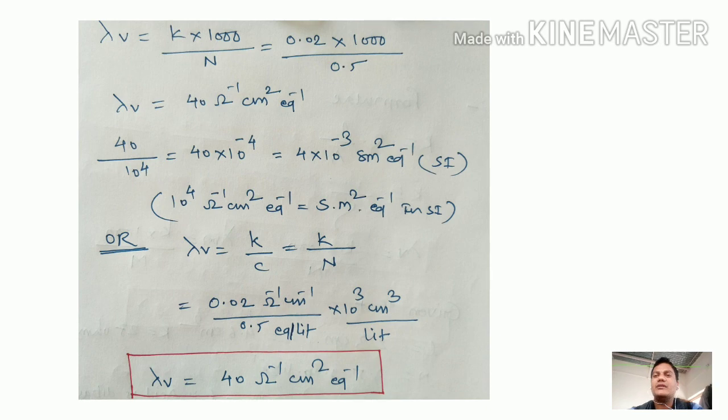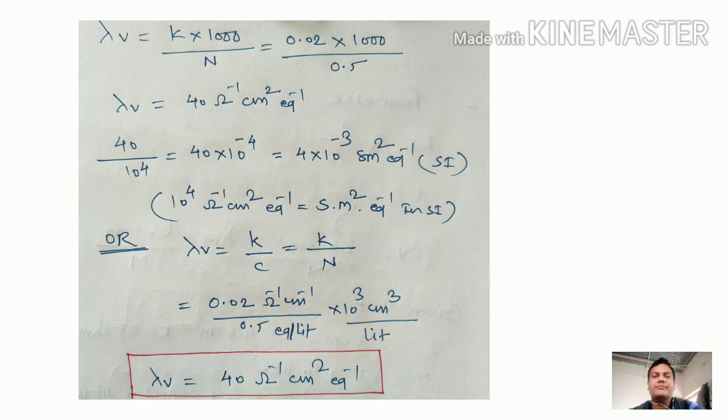The unit for K is per ohm, and for lambda V is per ohm centimeter square per equivalent. And when we have to convert into Siemens, that is 40 upon 10 raised to 4, that is 40 into 10 raised to minus 4, that is simply 4 into 10 raised to minus 3 Siemens meter square per equivalent. That is the SI unit for the calculation.